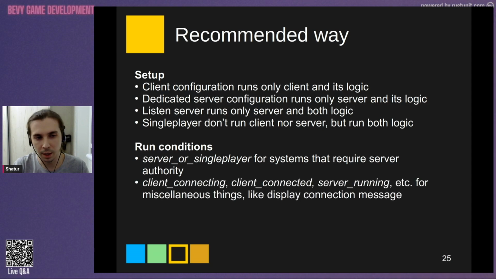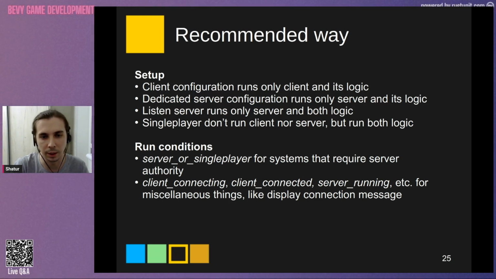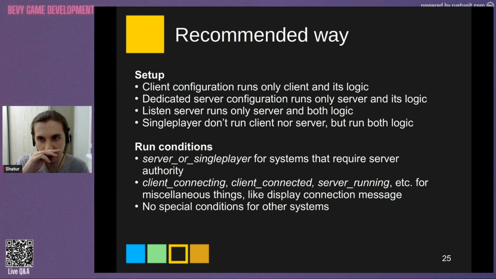And there are client and server specific systems used for miscellaneous things, like displaying a connection message, or on the server, a special menu that allows you to kick connected clients. And that's it, no special conditions needed for other systems. In Replicon, we made it just work. So the user just needs to carefully put run conditions and it will work perfectly.